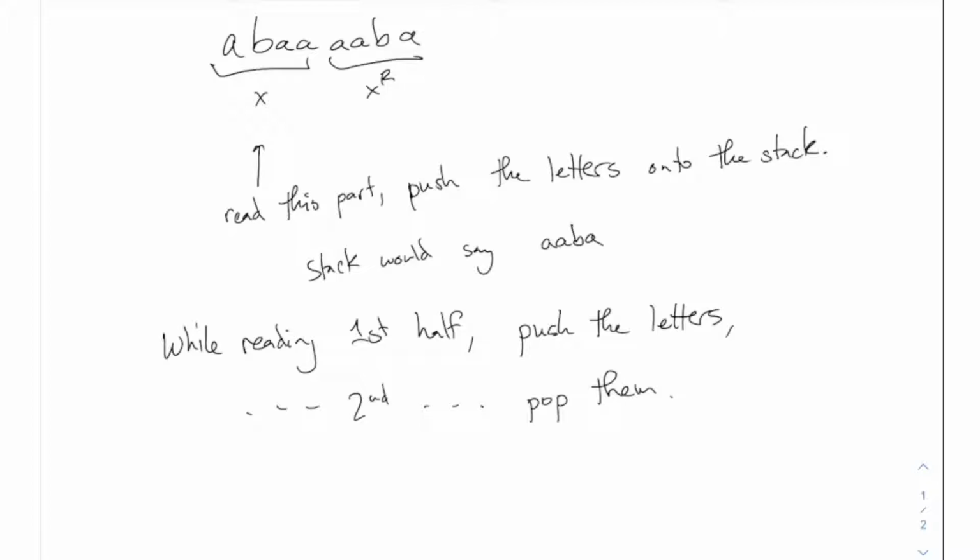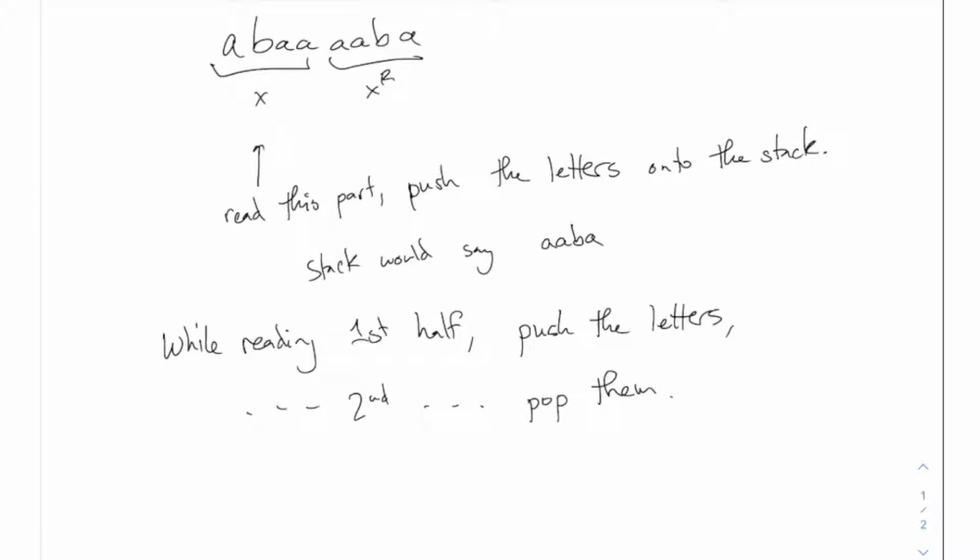So to me, it makes more sense to just push literally the A's and B's onto the stack, although you could do it with X's and Y's if you want to. I don't know if that's a good answer to your question. You can do it either way. In this case, I think it's a little more natural to just push the letters exactly as they are.